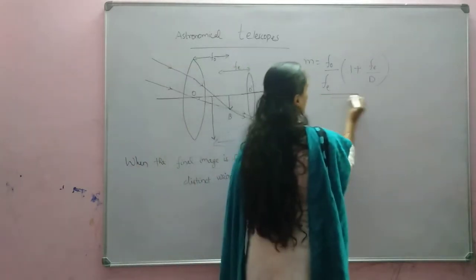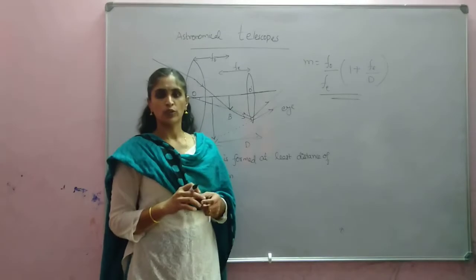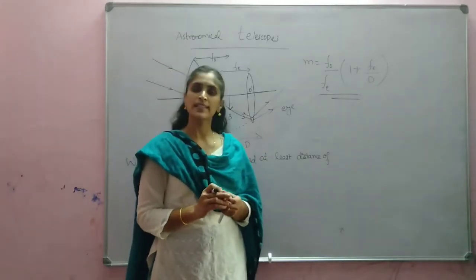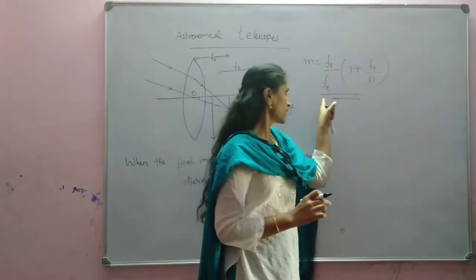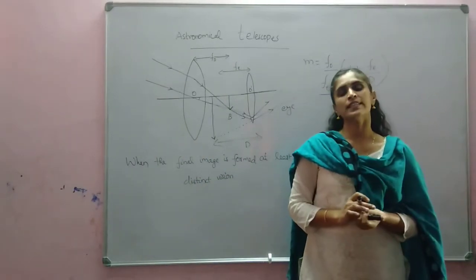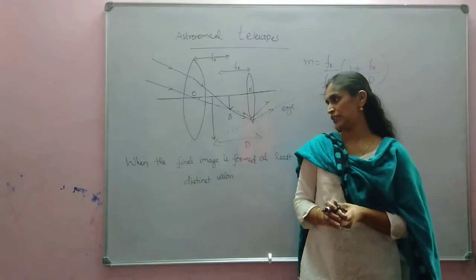This is the expression for the magnifying power of a telescope when the final image is formed at the least distance of distinct vision, where Fo is the focal length of the objective, Fe is the focal length of the eyepiece, and D is the least distance of distinct vision for a normal eye, which is 25 centimeter.